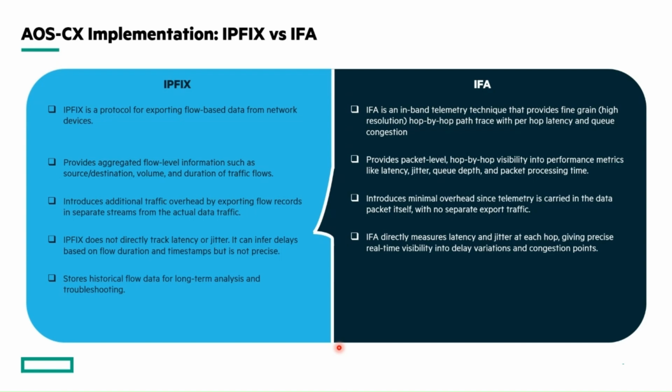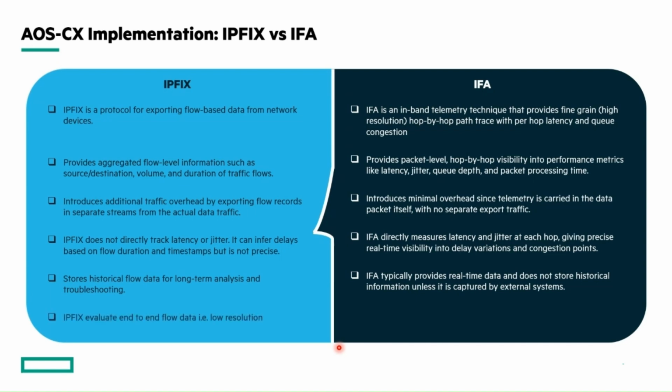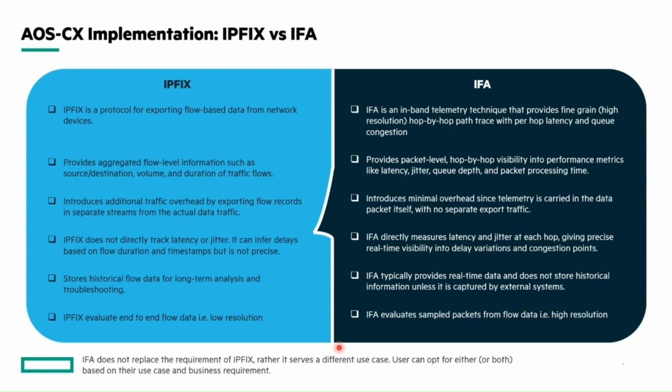IPFix stores historical flow data for long-term analysis and troubleshooting, whereas IFA typically provides real-time data and does not store historical information unless it is captured by external systems. And now as a last point, IPFix evaluates the end-to-end flow, which means low resolution, whereas IFA evaluates sample packets from the flow data, which makes it a high resolution feature.